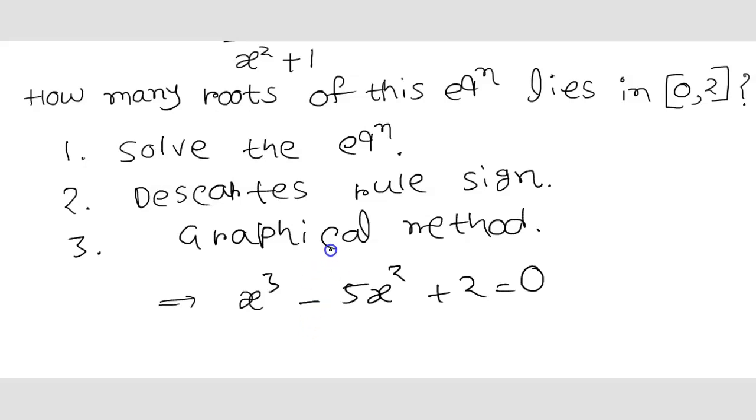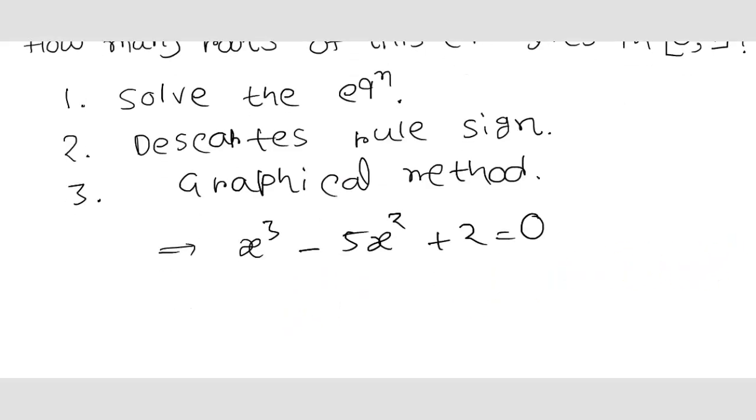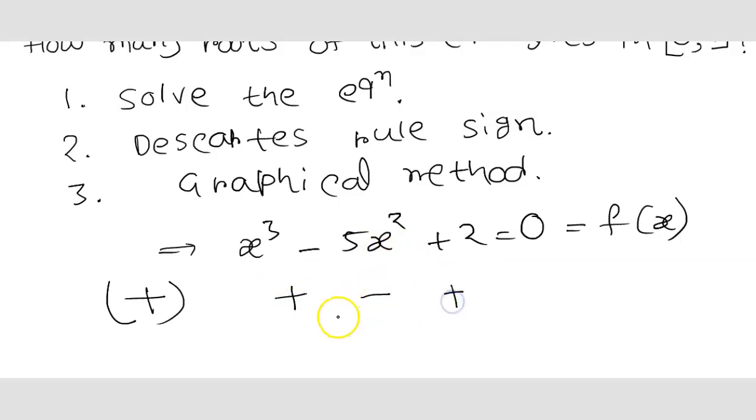But if we apply Descartes' rule of signs, what we can observe is this. Let this equation be f(x). If we put positive values of x, the first term will be positive, then negative, then positive.